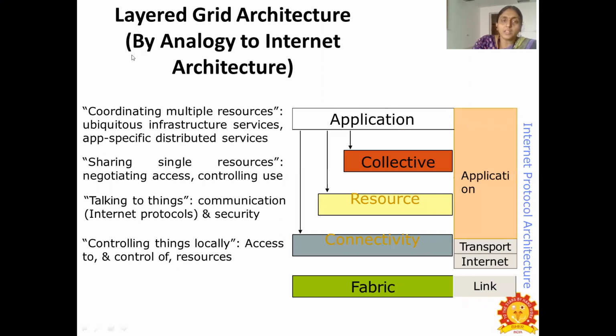And now we will see the layered grid architecture by analogy to internet architecture. And here it coordinates multiple resources, that is ubiquitous infrastructure services, that is application specific distributed services are handled here.